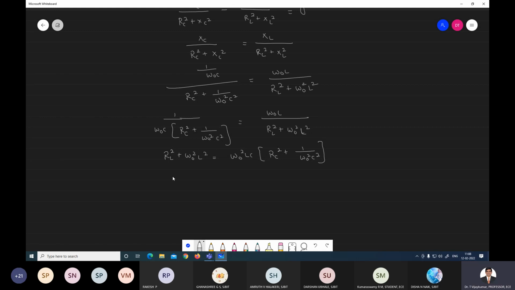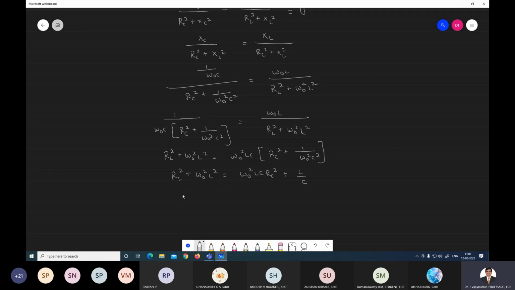Next, further you simplify, that is RL square plus omega naught square L square is equal to omega naught square LC Rc square plus, so omega naught square cancels, we'll get L by C. Because we want to calculate F naught, you take the omega naught square terms to the left hand side.